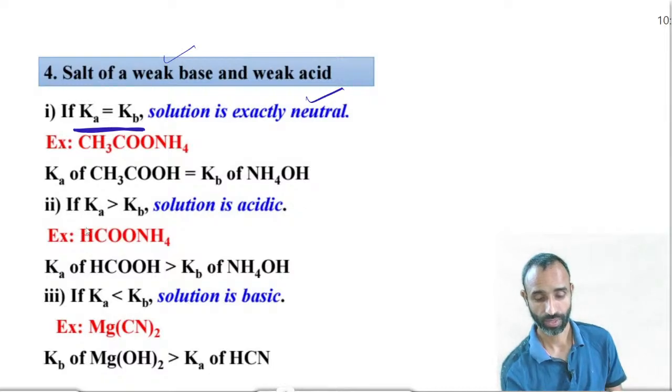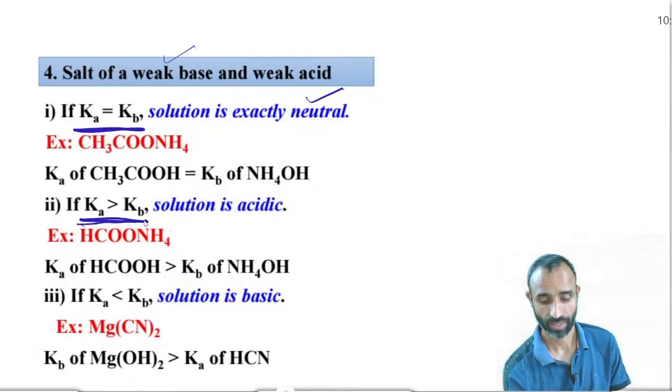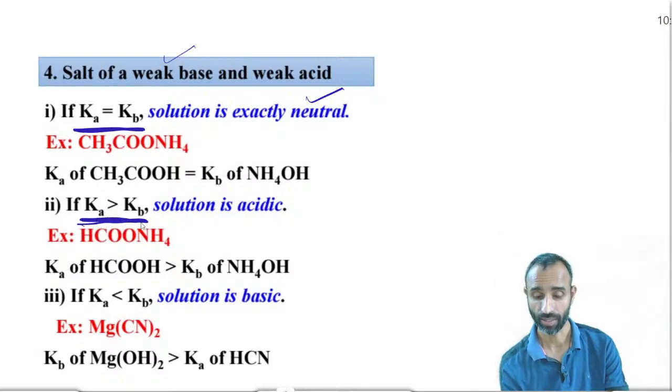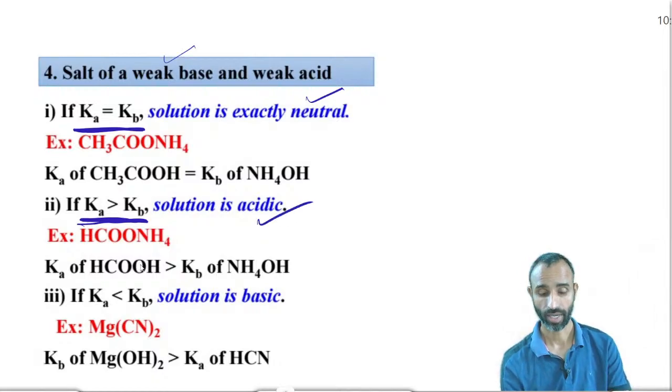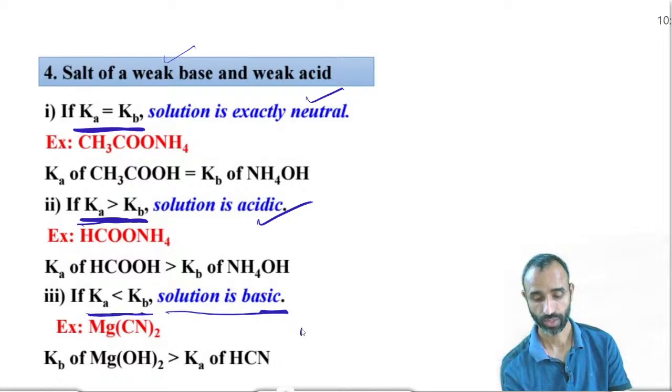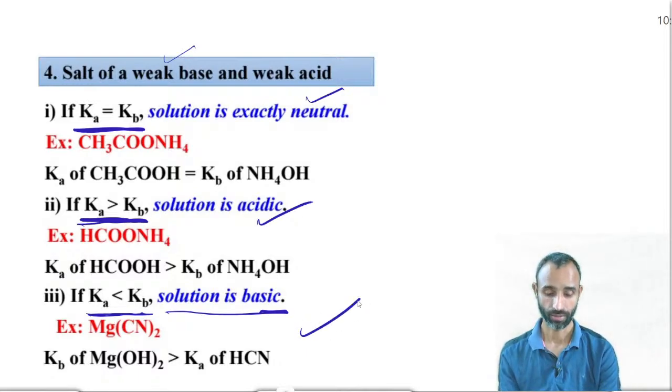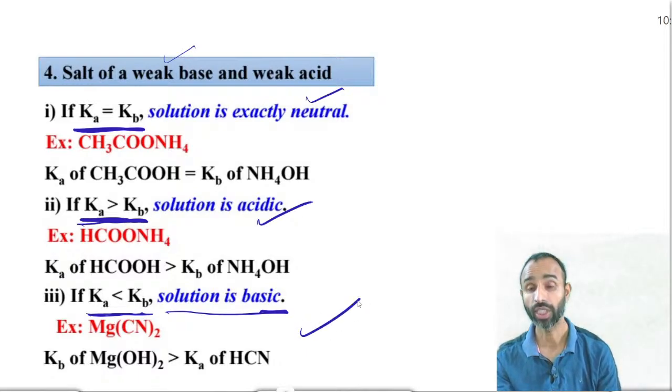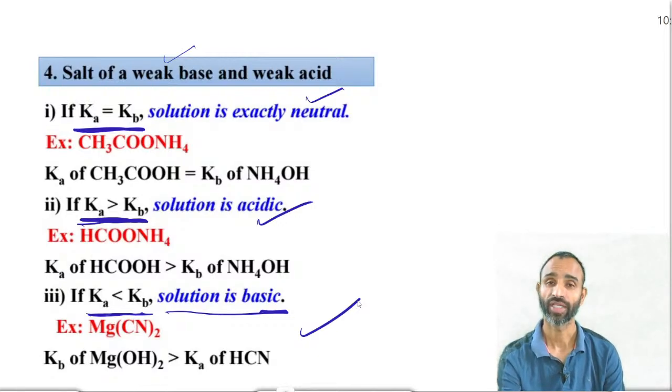But if Ka is slightly greater than Kb, the solution is acidic, like ammonium formate. If Ka is less than Kb, the solution is basic, because Kb of magnesium hydroxide is greater than Ka of HCN.